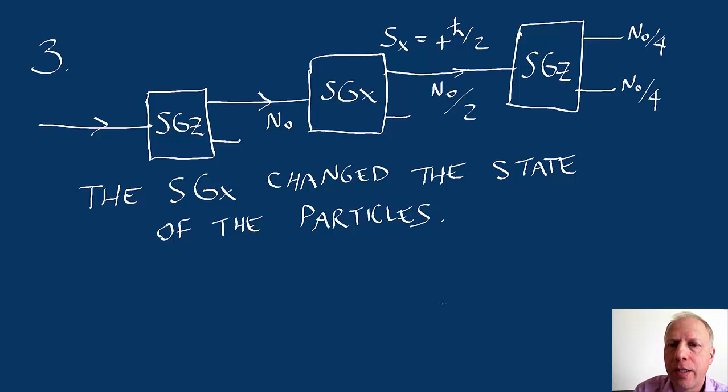In other words, after the SGX device, we do not have Sz equals plus h bar over 2 and Sx equals plus h bar over 2.